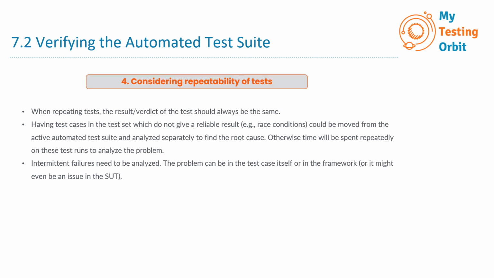So let's see first of all how it can be a test issue. The test might be incorrectly designed, meaning the test case is not written properly. It can have wrong assumptions about the expected login outcome or incorrect verification steps. For example, let's say that the test is designed in a way that it thinks there should be an error message when logging in, even if the login is successful.